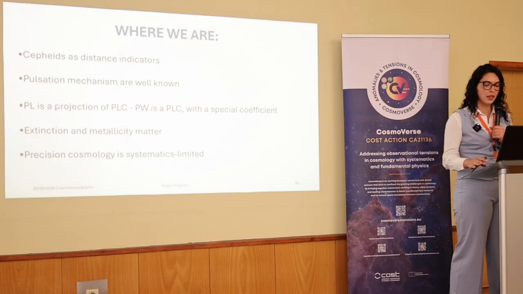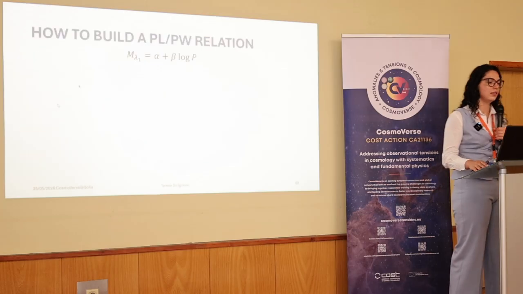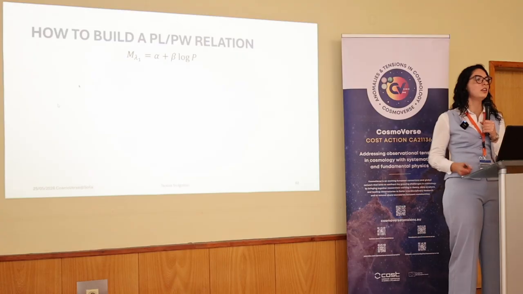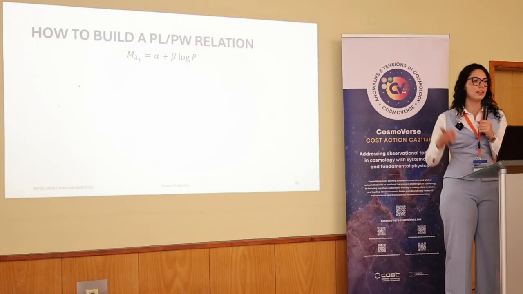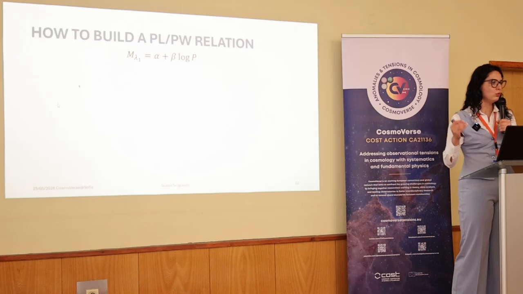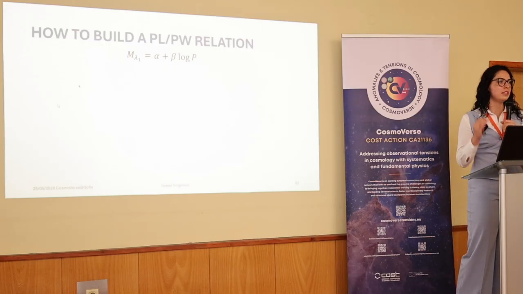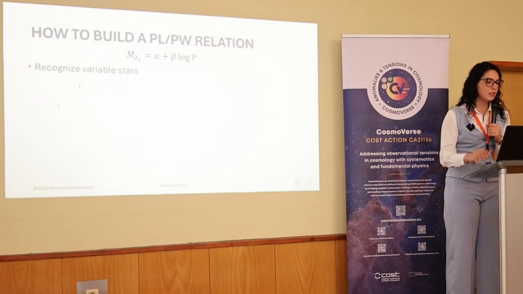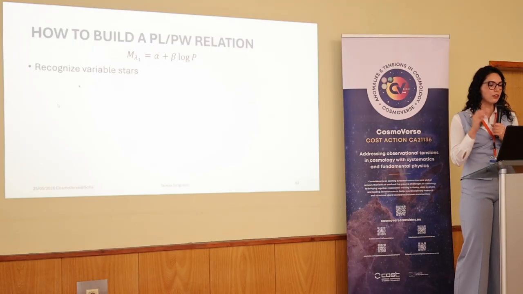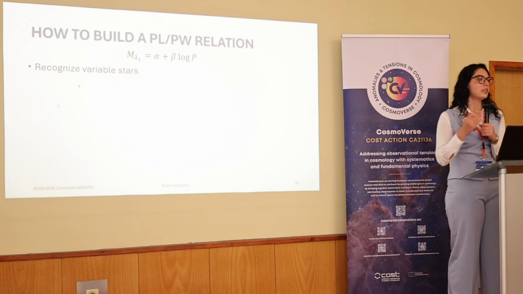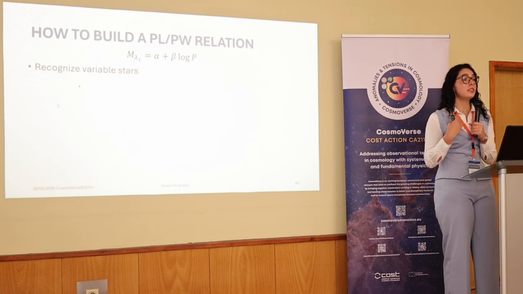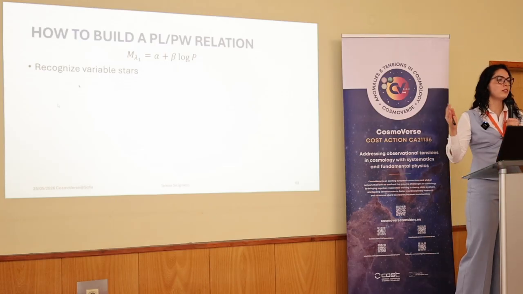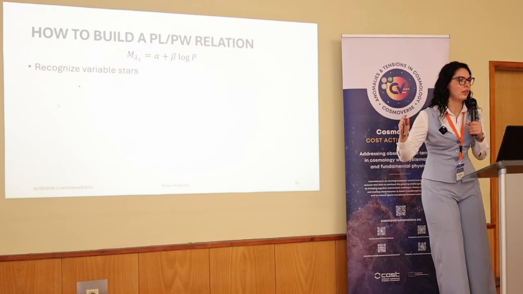are understood. Now, since we are talking a lot about measured distances and the period luminosity relation, let's see what steps we need to take to actually measure distances once we recognize a variable star. The first thing we have to do is recognize this variable star, as in the first thing that I showed you, the time-series light curve that Henrietta Leavitt was compiling for all the stars in the photographic plates.